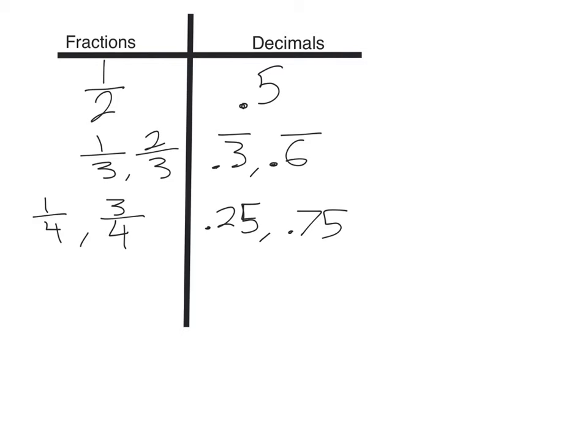Now with fifths, count up by 0.2 each time. So 1/5 is 0.2. 2/5 is 0.4. 3/5 is 0.6, and so on. 4/5 is 0.8. Okay.